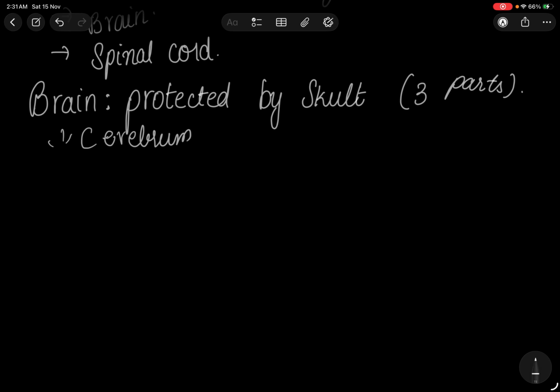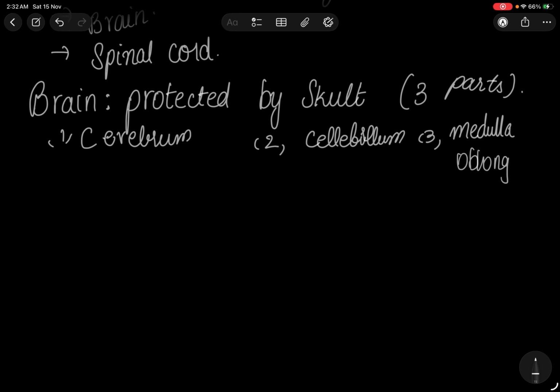cerebrum, second one is cerebellum, and third one is medulla oblongata.